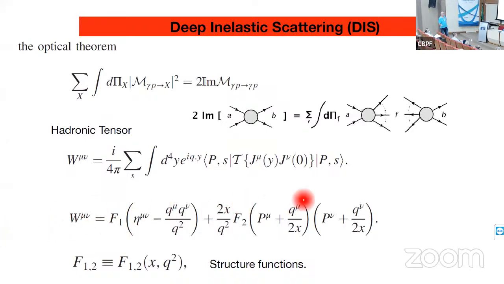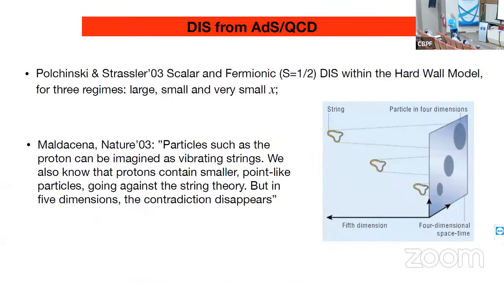So this is what you can do with unpolarized scattering, and we are going to use the holographic model to obtain these F1 and F2 structure functions. Okay. This has been done before in the very original work of Polchinski and Strassler, 2003, for scalar and fermionic particles using the hard wall model. It was just one of the inaugural works of the hard wall model.